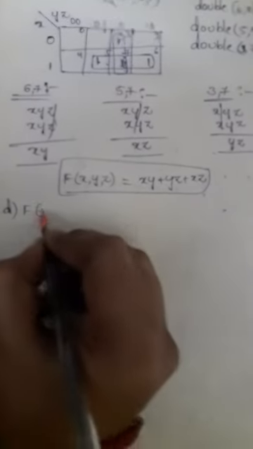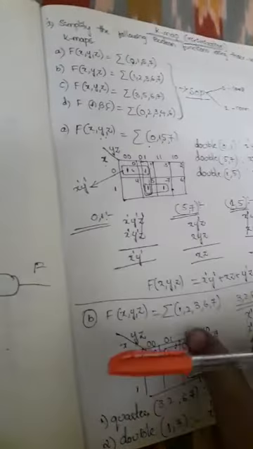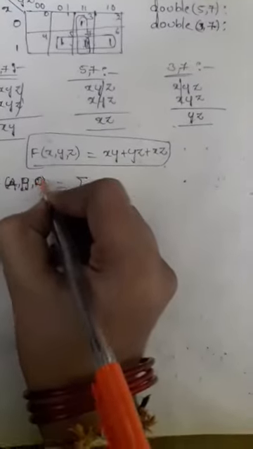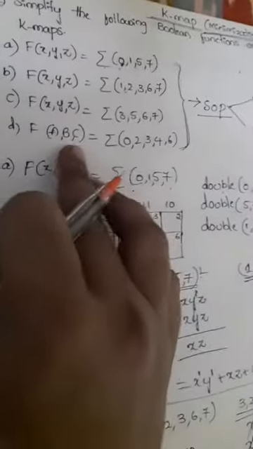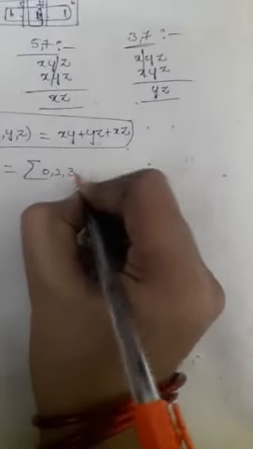So coming to the fourth function: f of xyz is equal to summation of, what is the next problem? The last problem is, here we are taking the variables as abc. So the fourth function consists of the variables abc, with minterms 0 2 3 4 6.